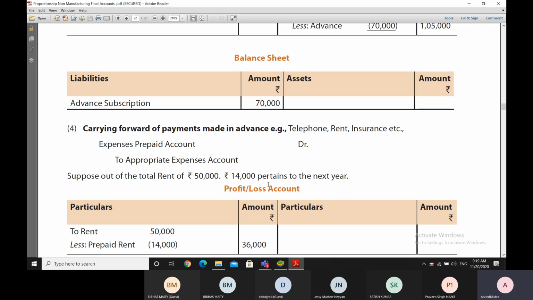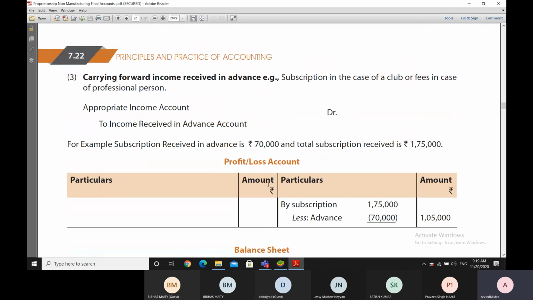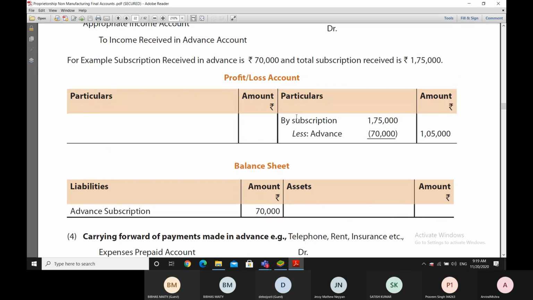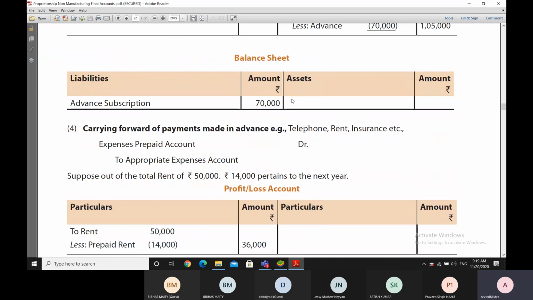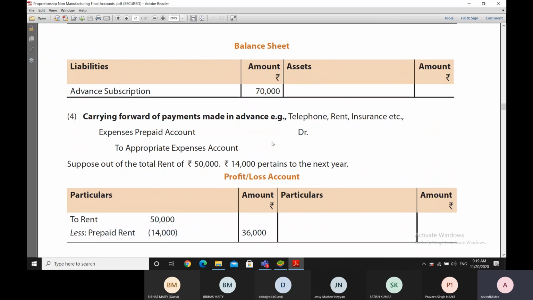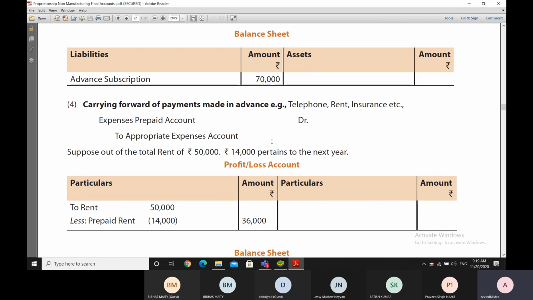Now, sometimes we also make payments in advance, apart from subscription. When some payments are being made in advance, we are making those payments which are not related to that particular year.